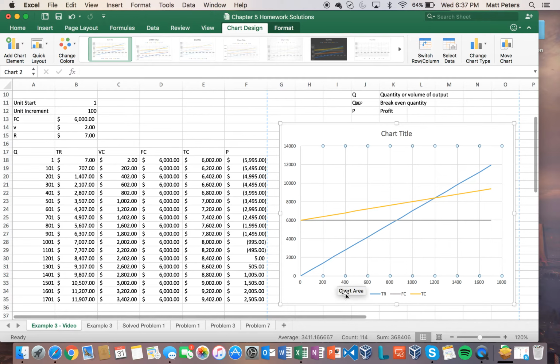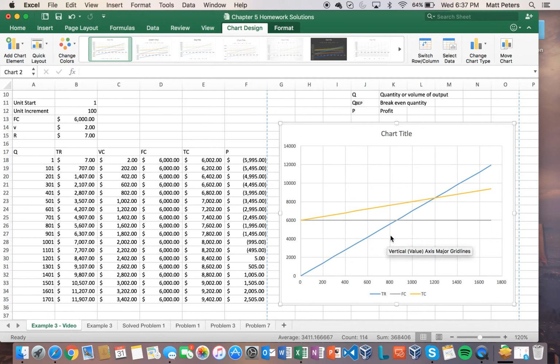Okay, so now my blue line is my total revenue. I'm sorry, that was not what I wanted. No, that's right. Okay, blue line is total revenue. Yellow line is total cost.